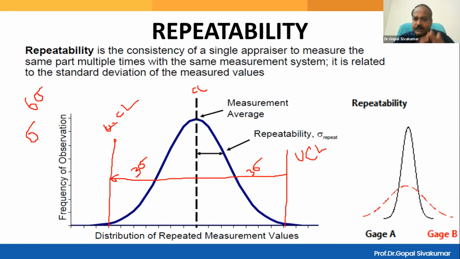See, if the samples, this is a sample, please understand. When you conduct a study, that is a sample. That is not project data collection, isn't it? Project data collection will commence after measurement system validation. All of you agree with me? Right now, this is a simulation.